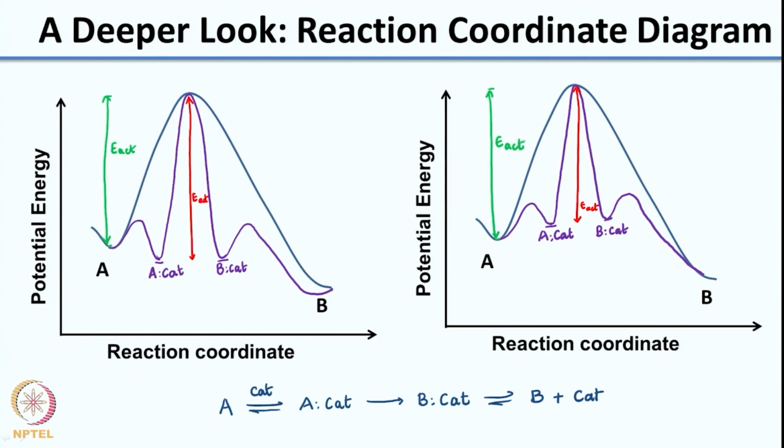So, if you compare now the green line with the red line, if the red line is smaller than the green line, that means it has a lower activation energy. If the red line is almost the same as the green line, that means there is no improvement in the reaction rate. So, what do you see in the first case? You see that the red line is actually slightly larger than the green line. So, what that indicates is that you have no increase in the reaction rate.